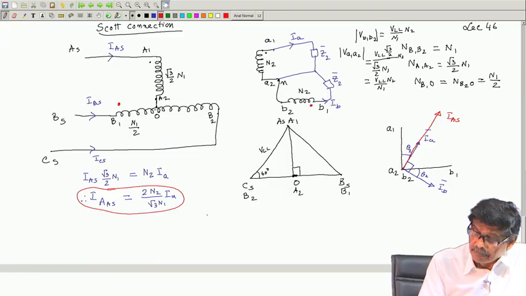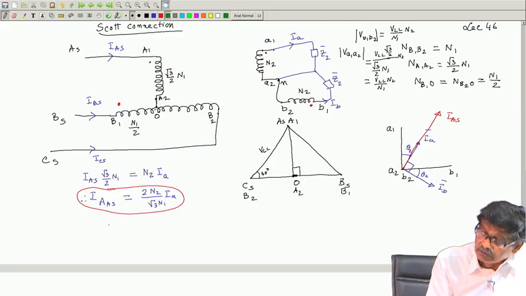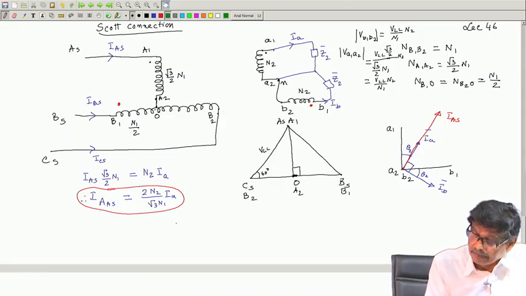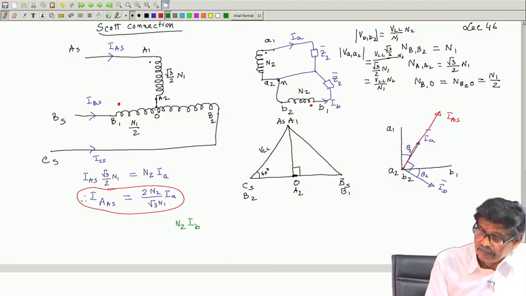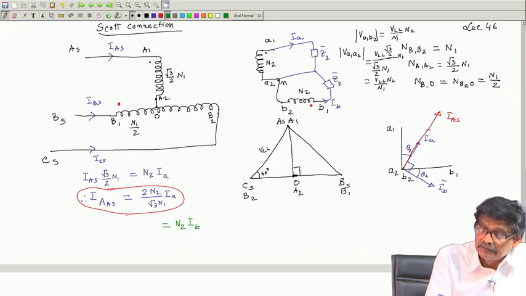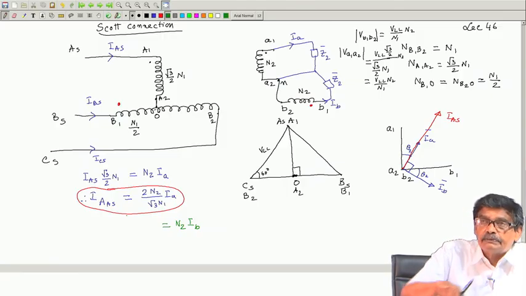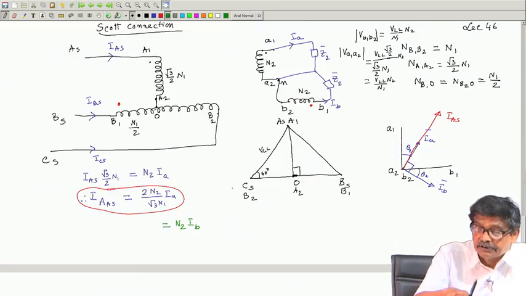Therefore, the MMF, I will use a different color for these calculations, will be N 2 into I B. I B is a phasor, I am not drawing a bar over these things. This must be equal to the MMF produced by the primary coil, and I should always take currents going into it through the dot, the same logic.